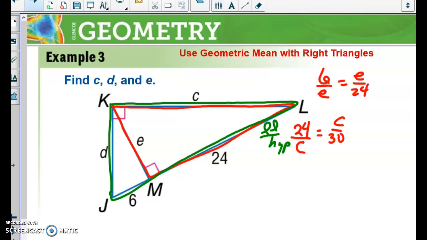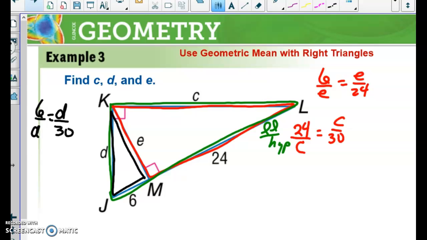Now let's find one more. Let's find D. And I'm going to say 6 is to D as D is to 30. Now, on this one, we're comparing the small triangle and the large triangle. So let's see if we can compare. This is the short leg.